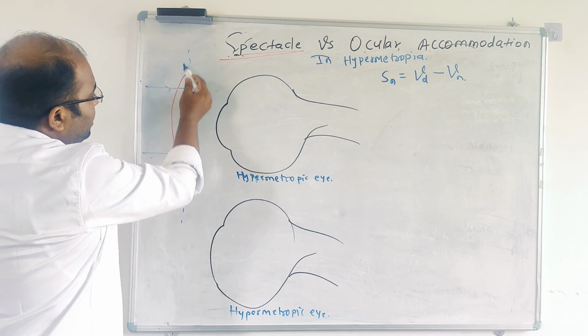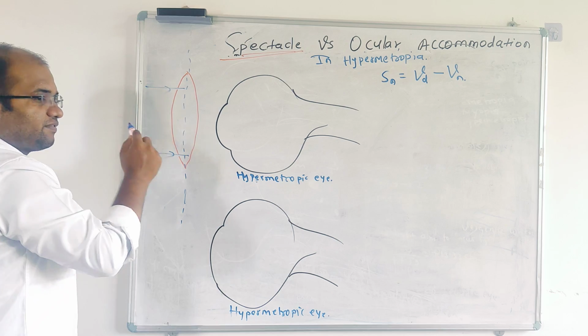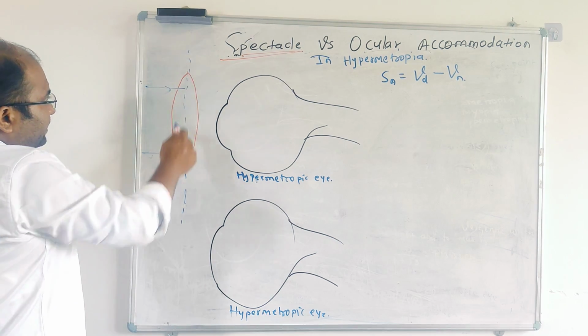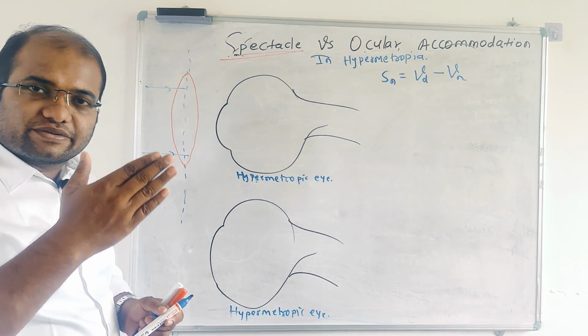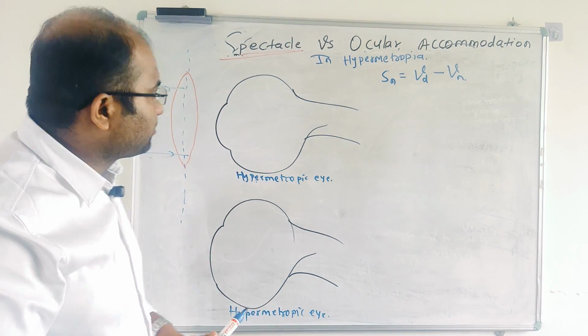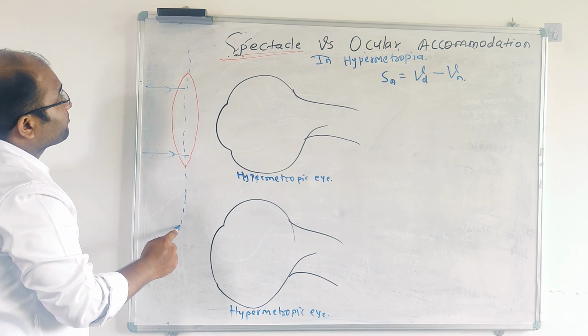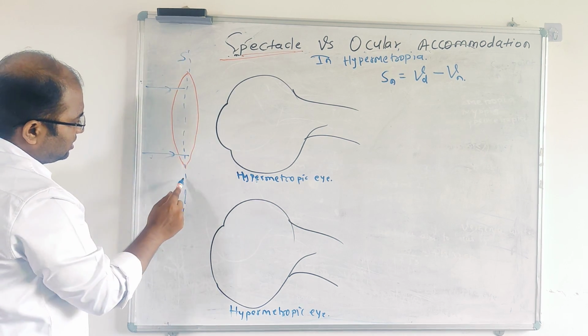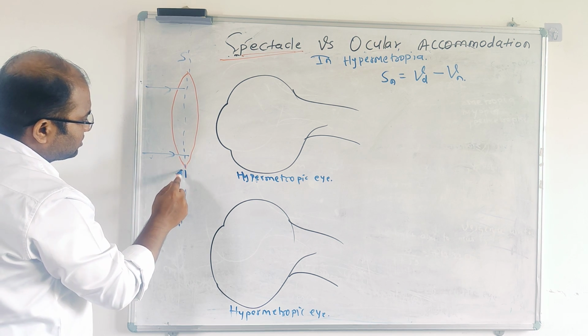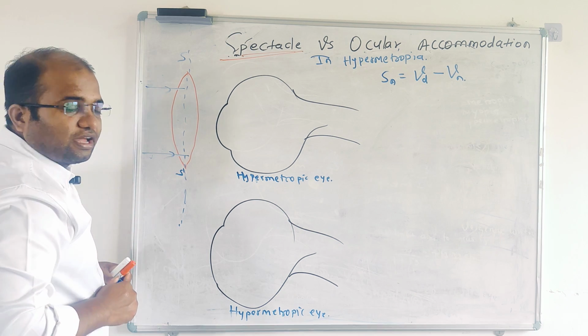As I told in the earlier lectures, when we need to calculate the vergence of light at some plane, we need to find the distance from that plane to the respective object or image point, right? Now you see here, this is the spectacle plane, S dash.